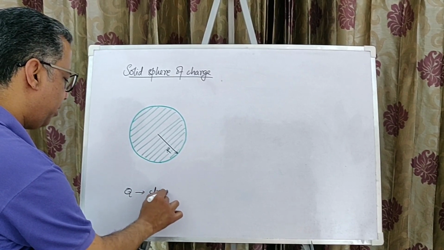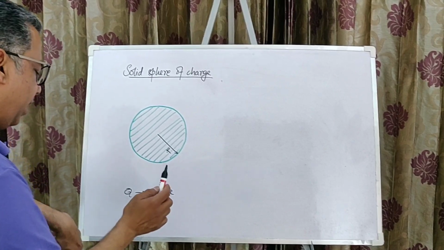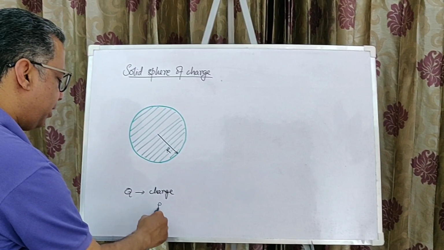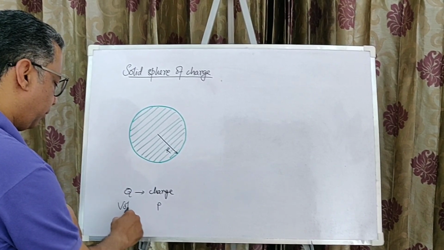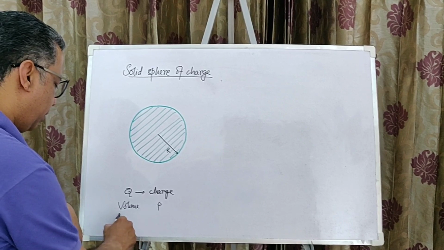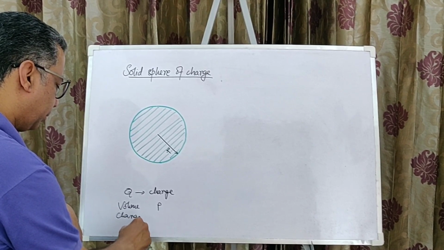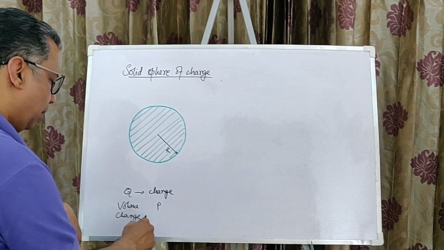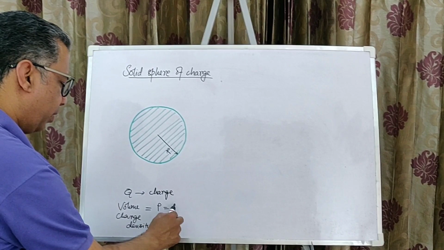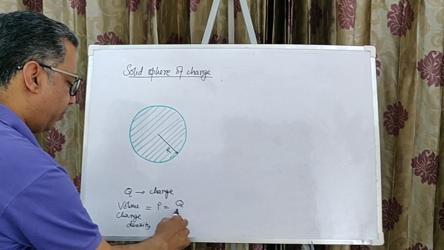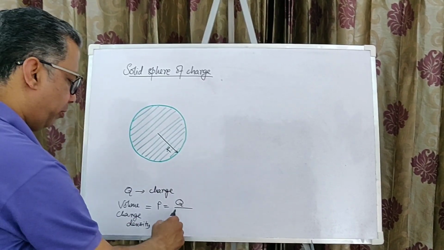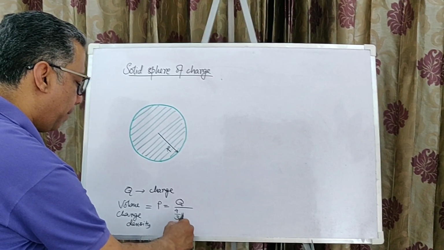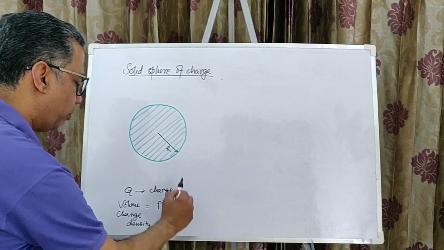It is uniformly distributed in the volume, and we can now define also its volume charge density. This volume charge density rho would of course be equal to Q divided by the entire volume, which would be 4 by 3 pi R cube.